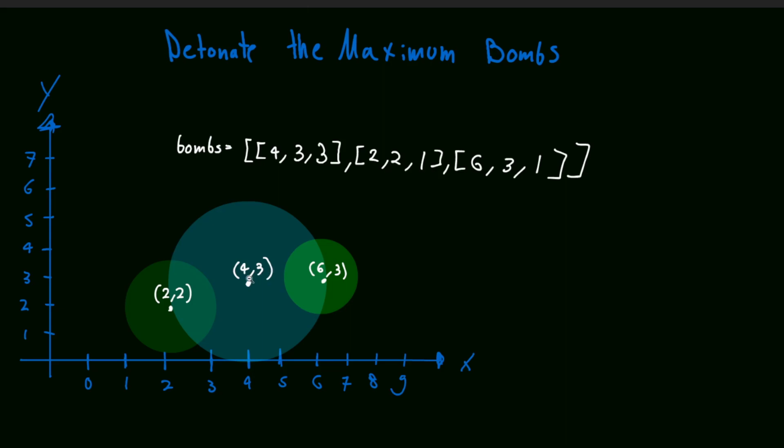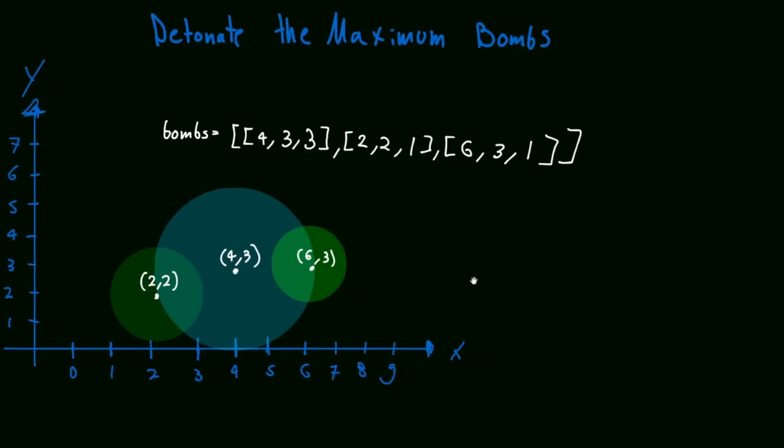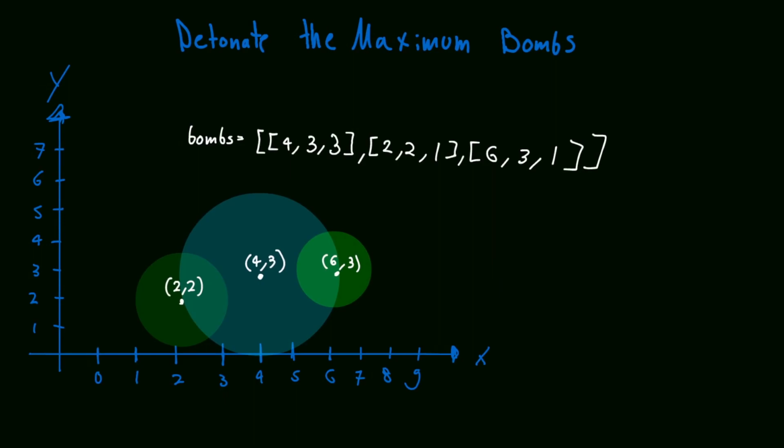Basically, you're given a list of lists, where every list inside this bombs list consists of the x coordinate, the y coordinate, and the radius of the bomb.